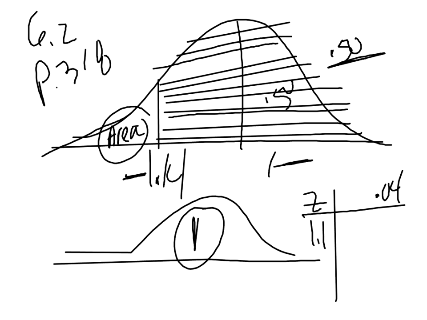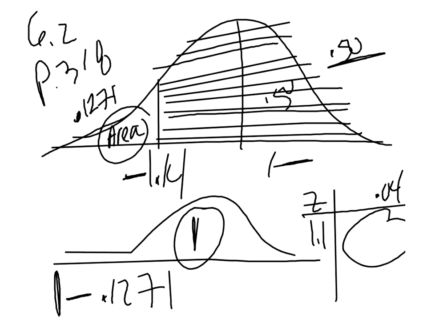When you find that, it turns out to be, I'm looking at my table, but it's in the book also, 0.1271. This area right here is 0.1271. But that's not the area we're looking for, that's the complement. So what I'm going to do is 1 minus 0.1271.